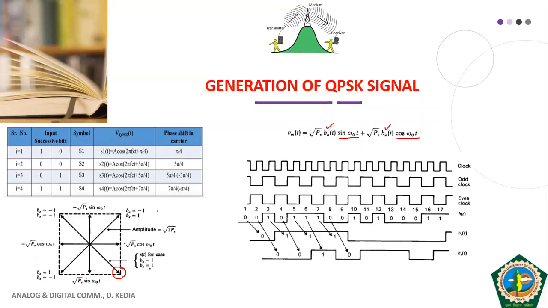This is my plus cos omega naught t, this is my plus sine omega naught t, and this is the resultant phasor, which represents my digital symbol corresponding to B naught as 1 and BE as 1. The amplitude of this resultant phasor is equal to under root 2 PS.